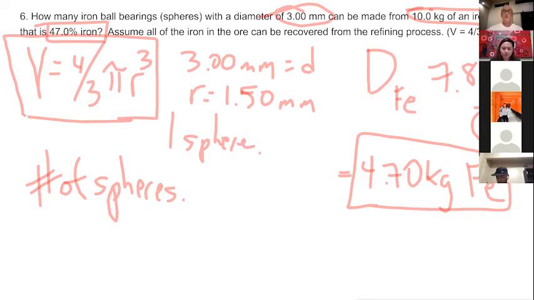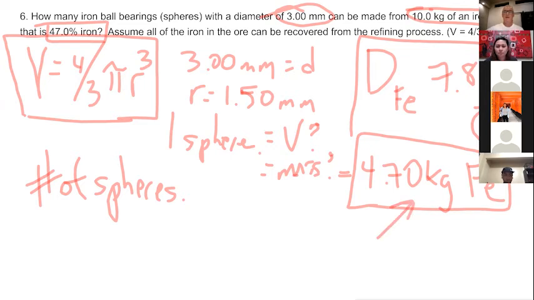This is the formula for that. Once you know the volume of one sphere, you use the density to convert volume to mass. Now you know the mass of one sphere. And once you have the mass of one sphere and the total mass, you can figure out the total number of spheres. Okay.